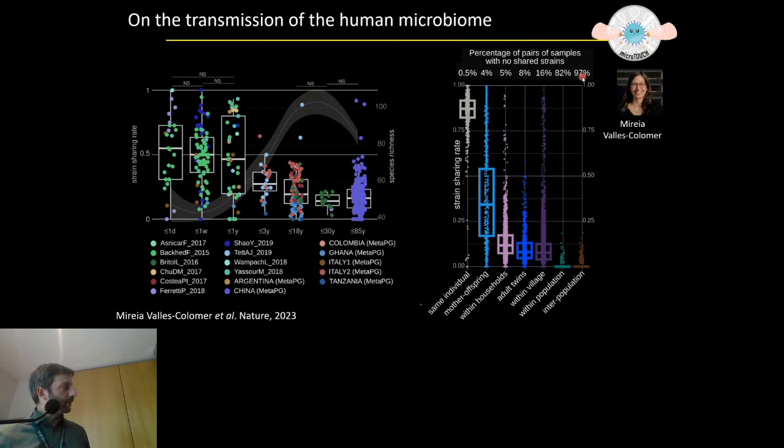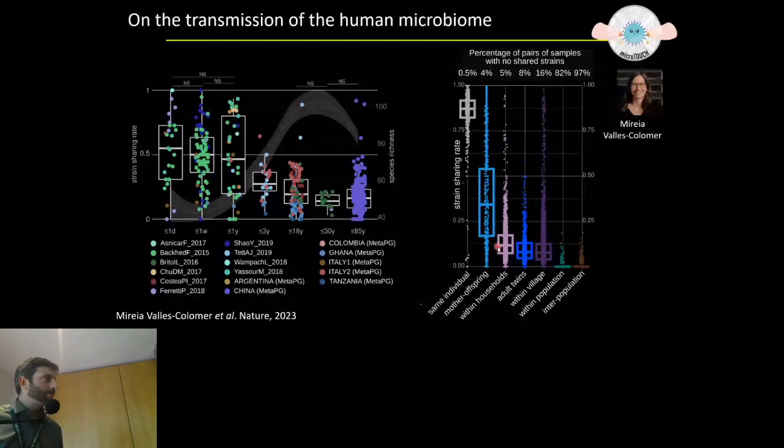Here is mother-infant, around 30%, and this is coming basically from an average of the ages here. But here instead is the 15% of strain sharing of individuals living in the same house since a few years. So here, living in the same house means that you are sharing strains and there is a deep transmission network.